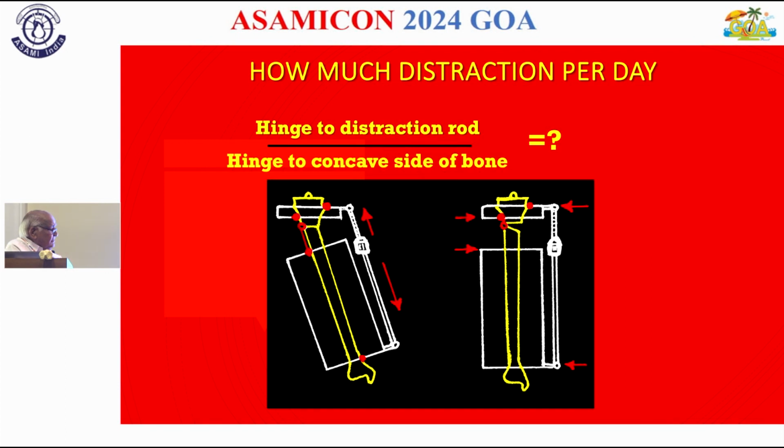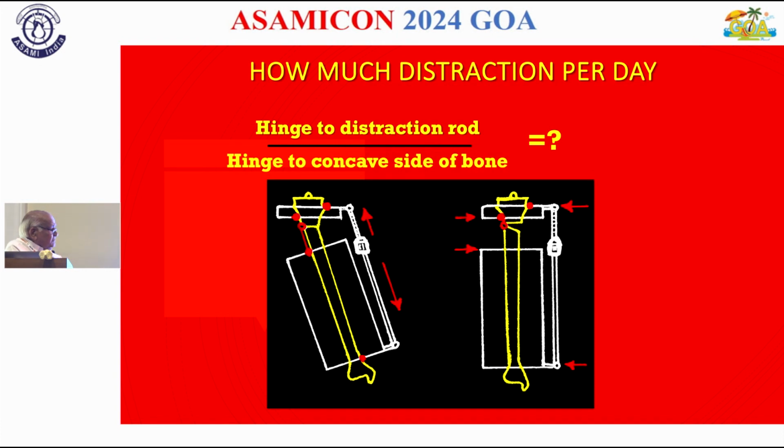Now, this is your point, and this is the distraction rod. Your aim is to open 1 millimeter at this level. How do you open 1 millimeter, because you have already put a distraction rod here and two hinges here?